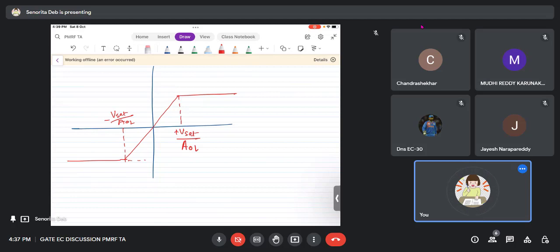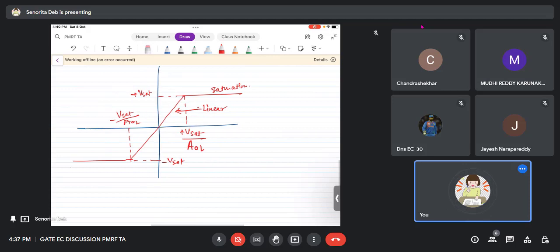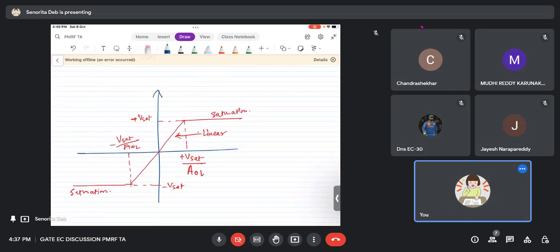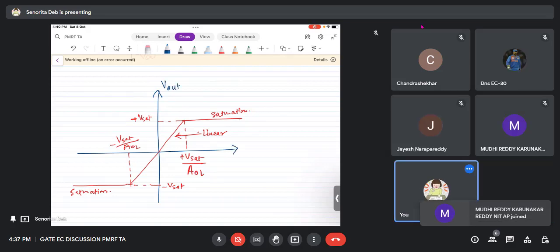It will reach plus Vsat and minus Vsat, but with a finite gain. This region is called the linear region, and this is called the saturation region. This is V out, this is Vd.